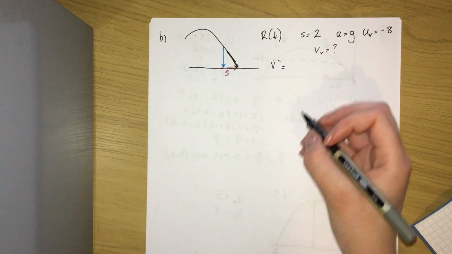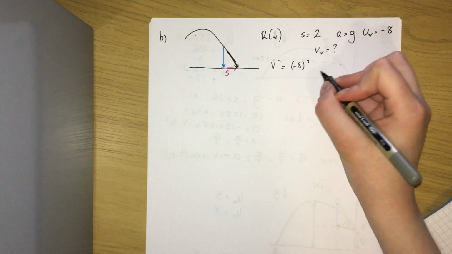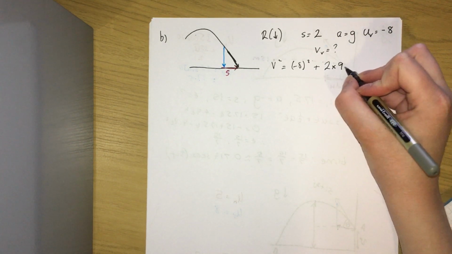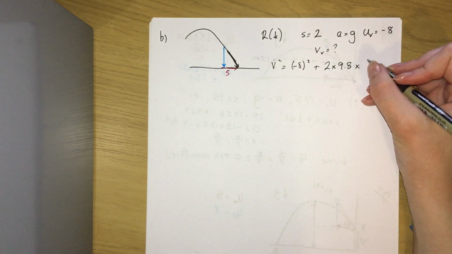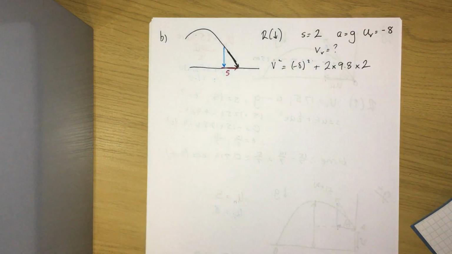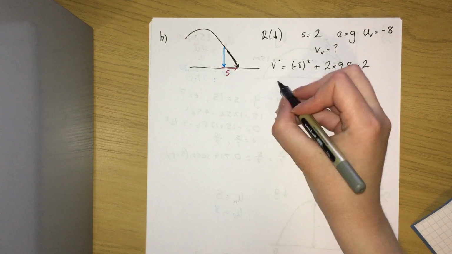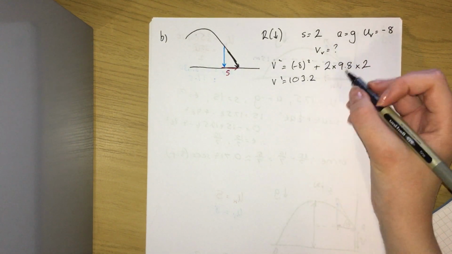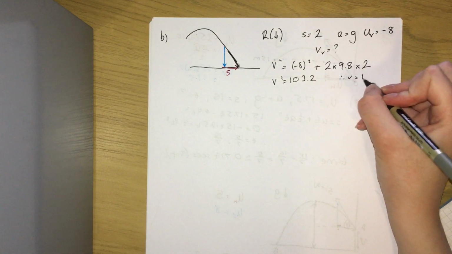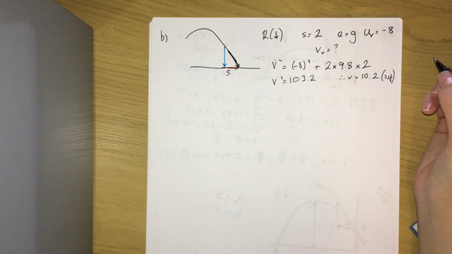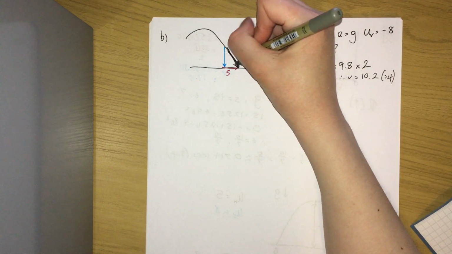So v squared equals u squared plus 2 times a times s. So v squared is equal to 103.2. So v is 10.2 to 3SF. So I want this.